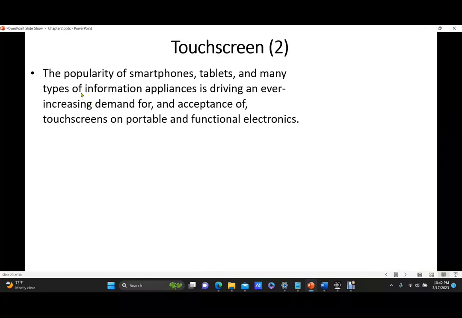The popularity of smartphones and tablets and other kinds of appliances is driving an increasing demand for touchscreens on all kinds of portable electronics.